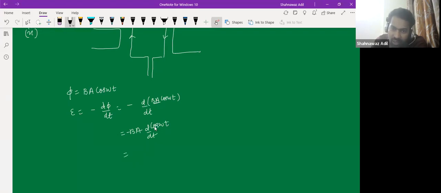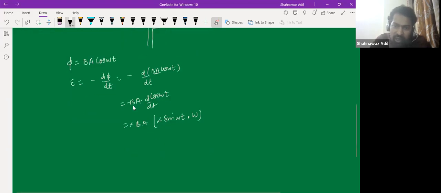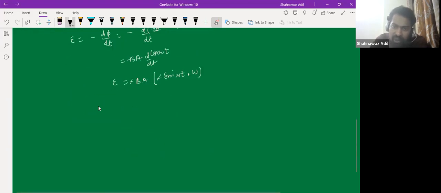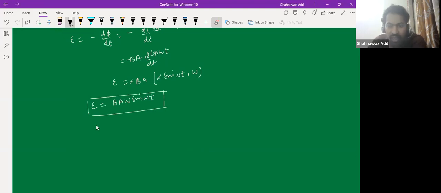That would be minus sine omega t, and this omega is also there. So minus minus will cancel, and EMF generated in such a coil would be BA omega sine omega t. So this is the other thing, right?